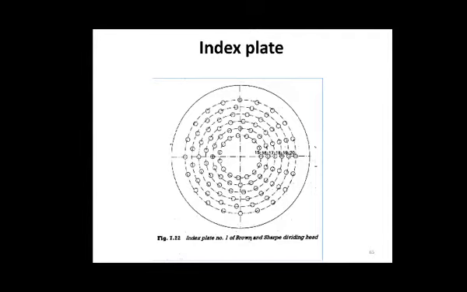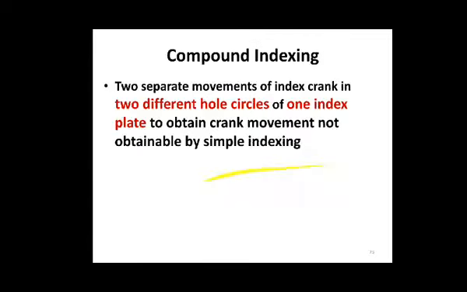For compound indexing, there are two separate movements of the index crank in different hole circles of one index plate, to obtain crank movement not obtainable by simple indexing.